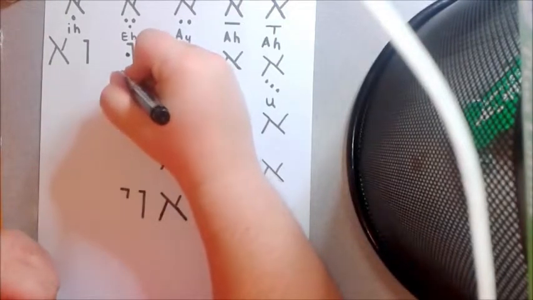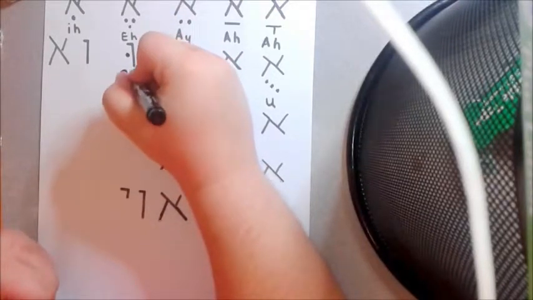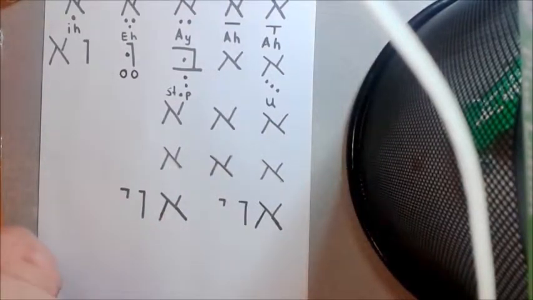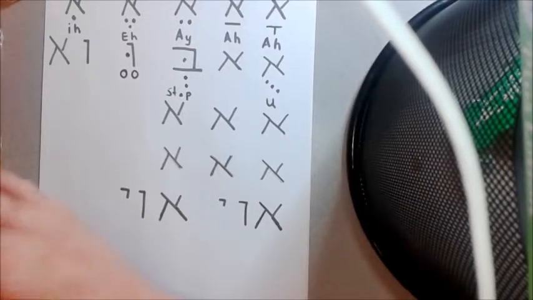And this one is why I would almost say that you are better off to remember the three diagonal dots over here as oo as in put, and this as oo as in zoo. Because there are two of them, if it helps you to remember them and to have some kind of difference in there, I would say go for it, just so that it's a little bit easier to remember these things down the road as you're starting to get more into reading and having to identify which vowel is which.